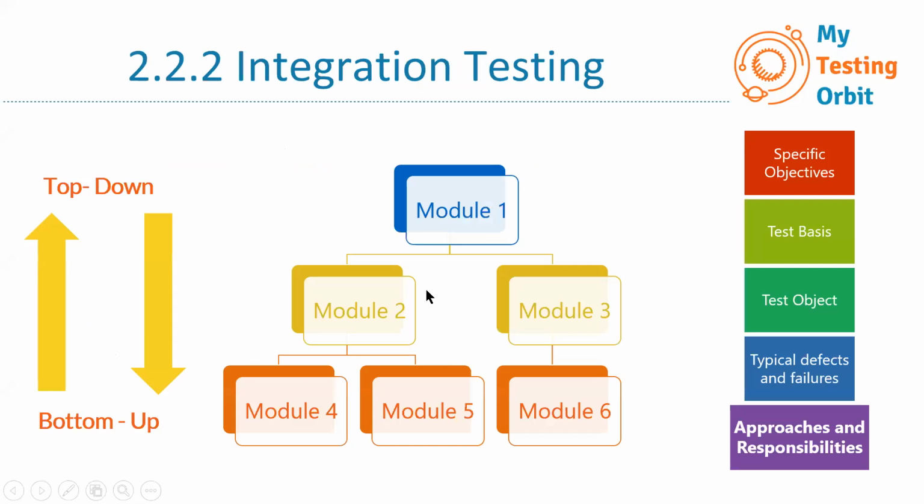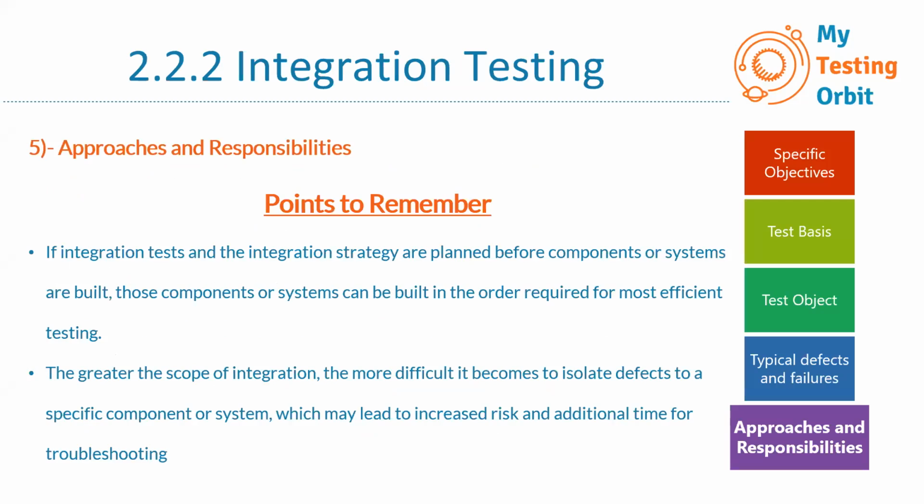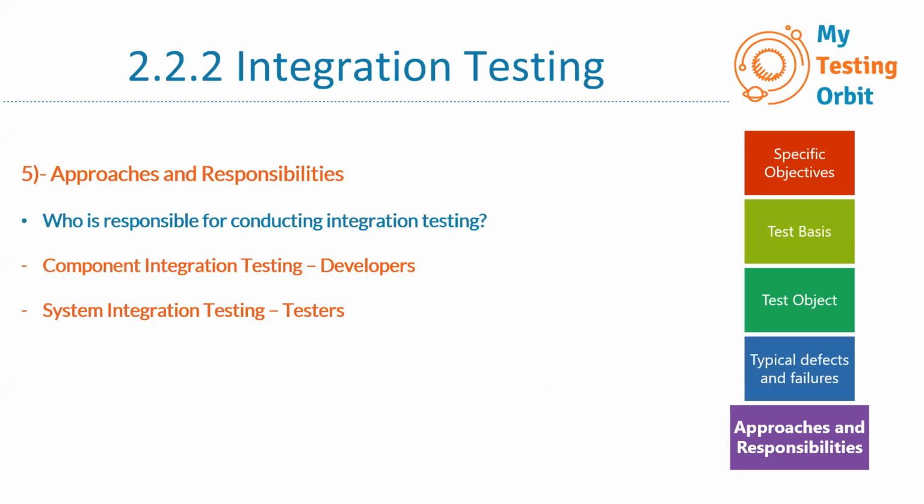Let's go back to that slide. Component integration testing is done by developers, because that's after component testing, while they are still developing more components. While system integration testing is done by testers, because this is usually done after system testing.